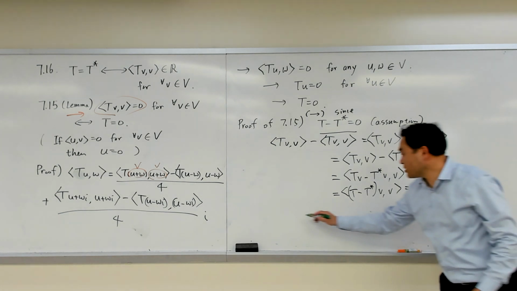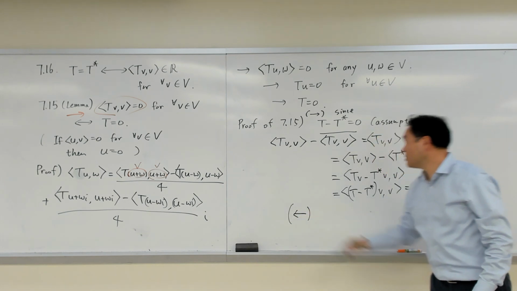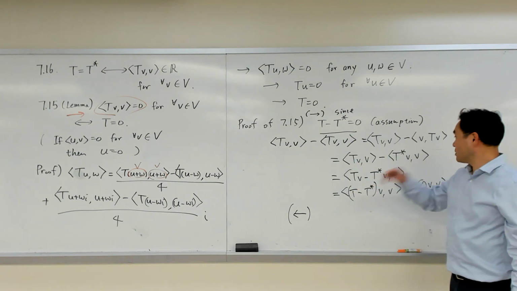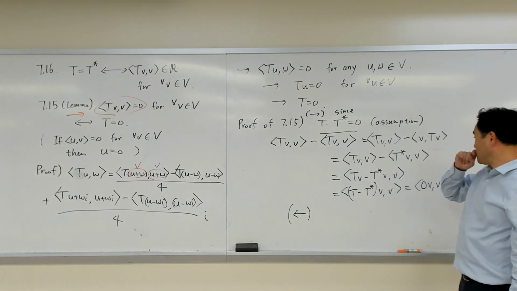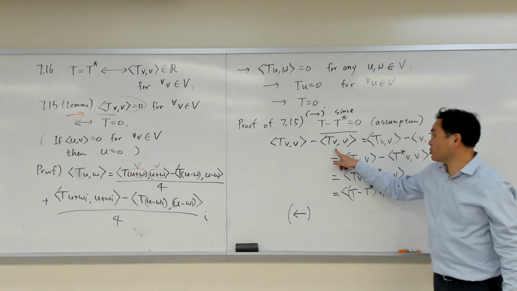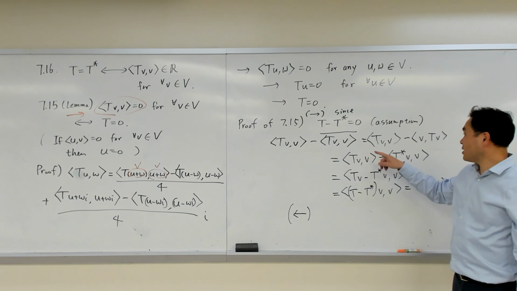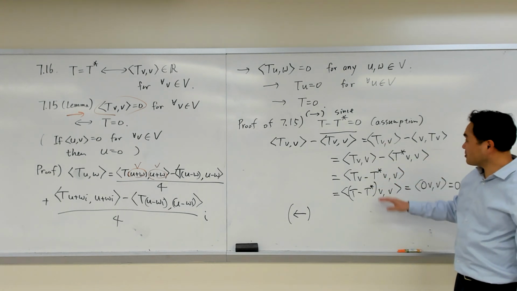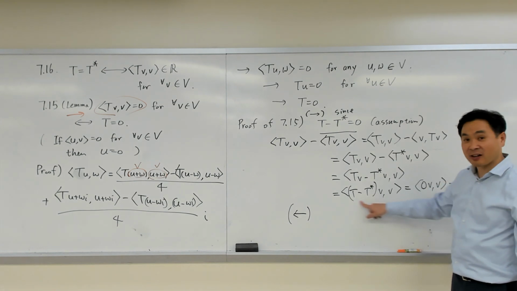Now, to prove the opposite, see, if this is always real, then this is equal to 0, right? And all of the calculation here would lead to this guy, right?